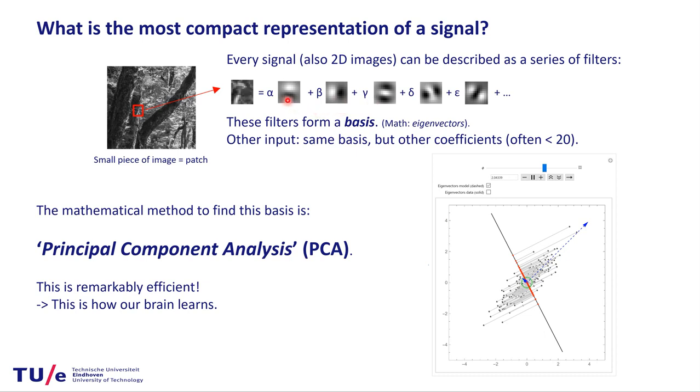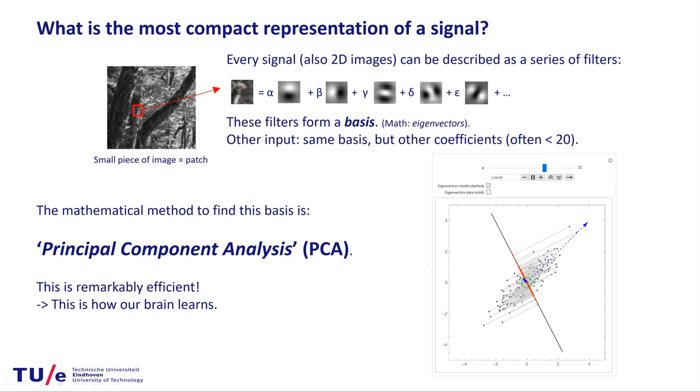So alpha times the first basis, beta times the second, gamma times the third, etc. And from a few of these basis filters, and I don't need more than maybe 10 or 15, I can make every patch imaginable by just changing the weights, alpha, beta, gamma, etc. So it's very efficient to only store the basis. Then you don't need to store millions of these other ones, you only store those ones.